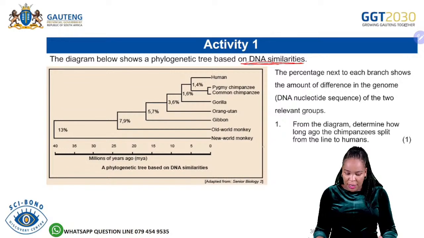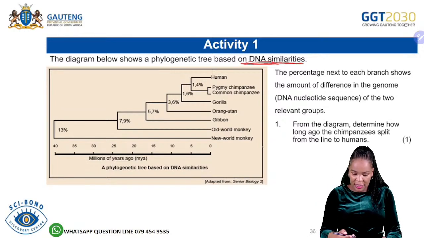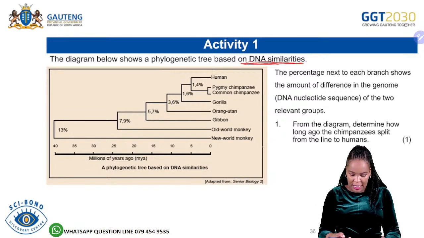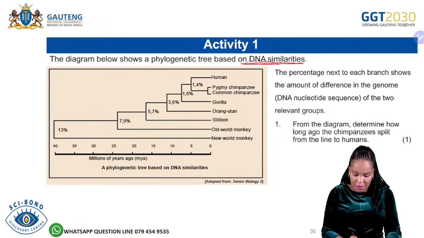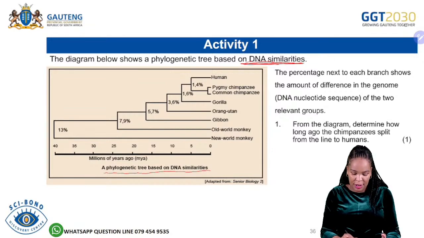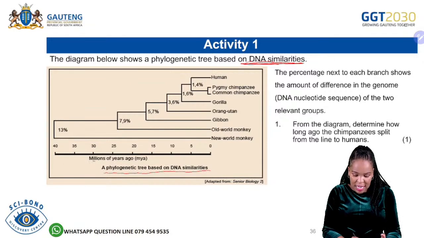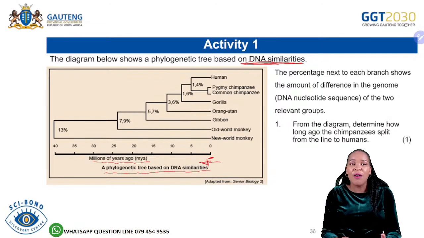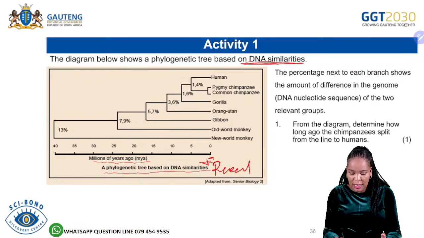You are able to interpret the information on a phylogenetic tree because it shows you the relatedness of the species that are found here. So just studying this one that we have in front of us, we see that we have a phylogenetic tree based on DNA similarities. That is our caption for this diagram. Then you see the years in millions of years ago. You know that we start from the recent, which is here, going backwards. When we read our phylogenetic tree, we start from the recent. Now, this will be our recent time.